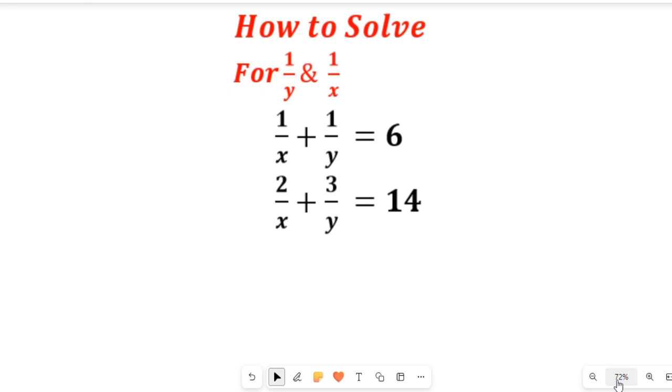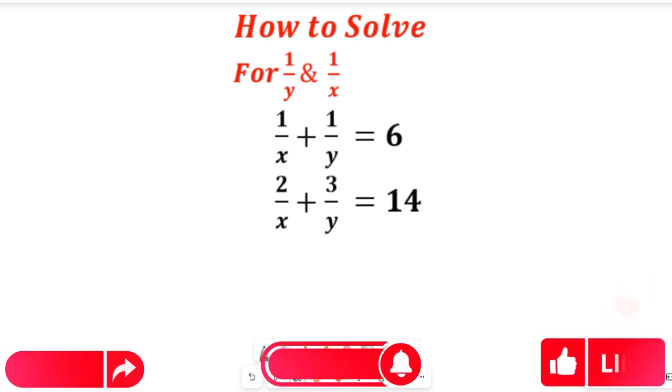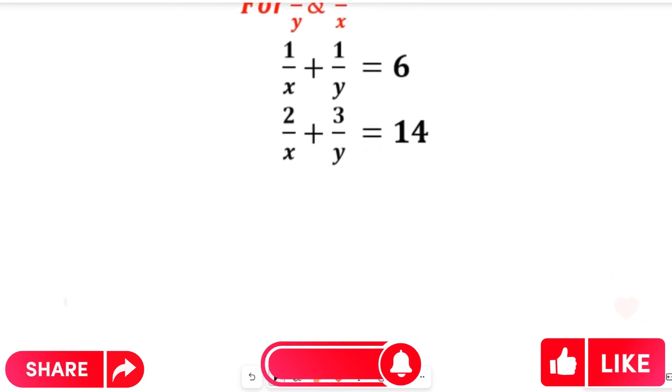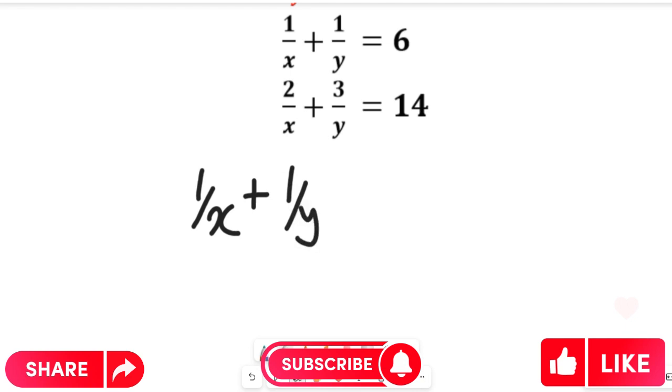Now let's solve this question. For us to solve this question, we are going to analyze the fractions that have been given to us. Now look at that fraction very well. You'll come to see that from the first expression, we'll have 1 divided by x plus 1 divided by y. This will be equal to 6.